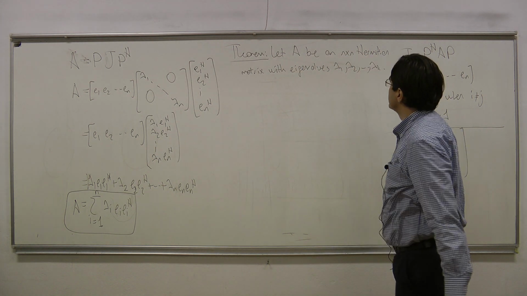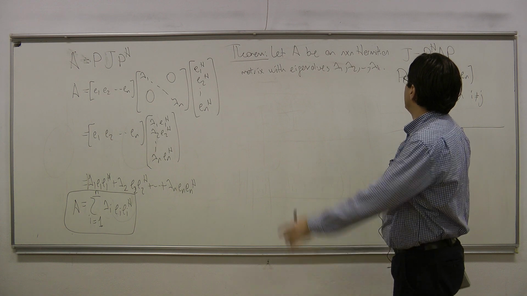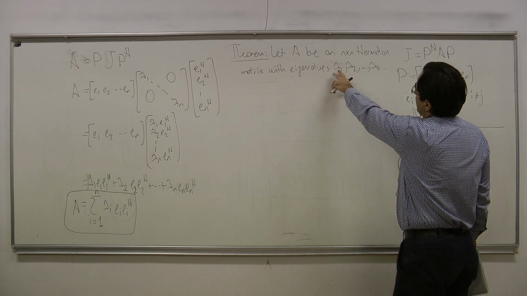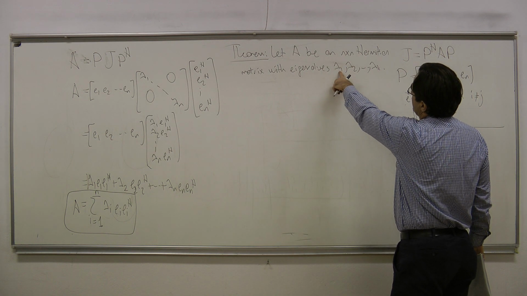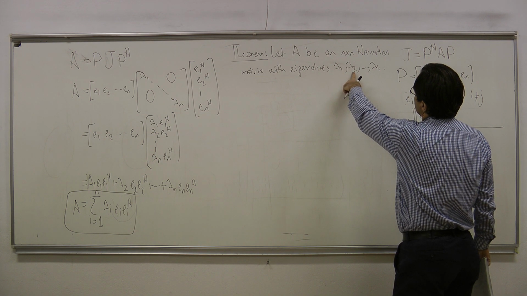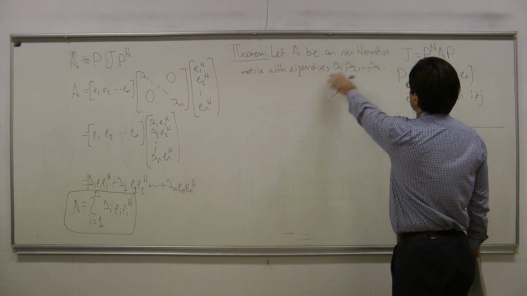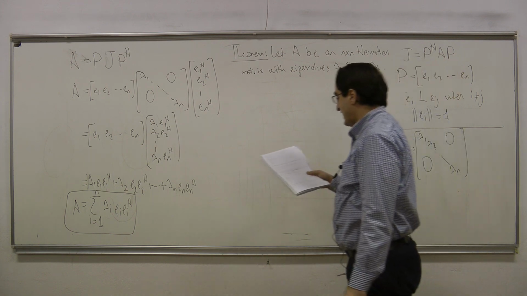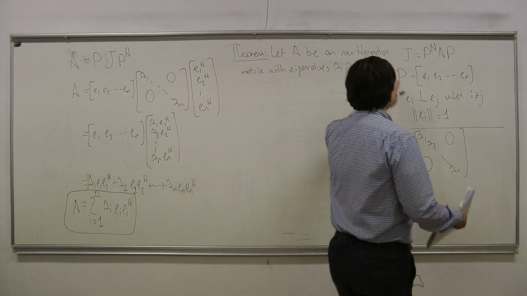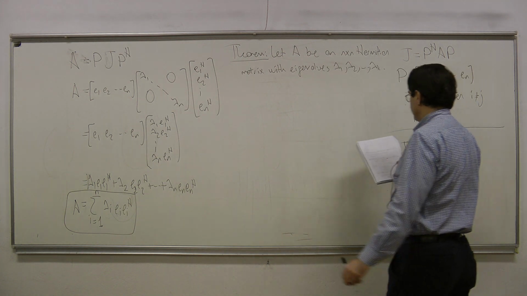These are the distinct eigenvalues. The multiplicity of lambda 1 will be R1, multiplicity of lambda 2 will be R2, etc. But the total number of eigenvalues, of course, is n. And here I'm counting only the distinct eigenvalues.